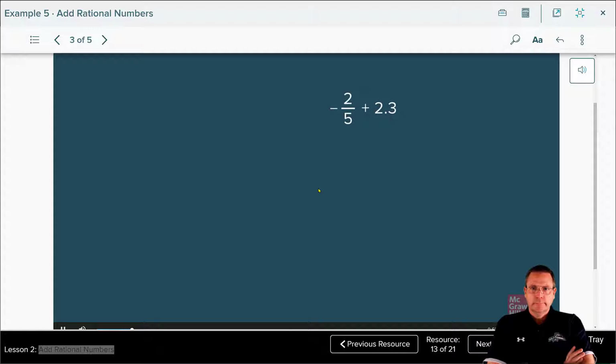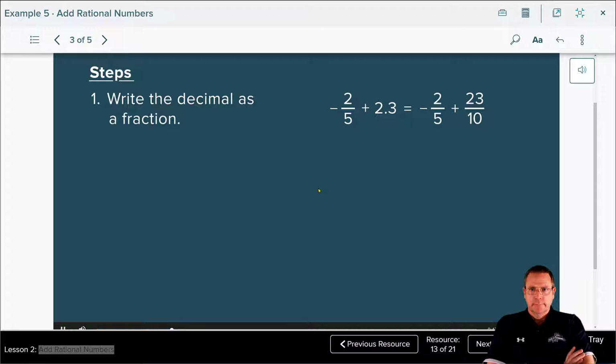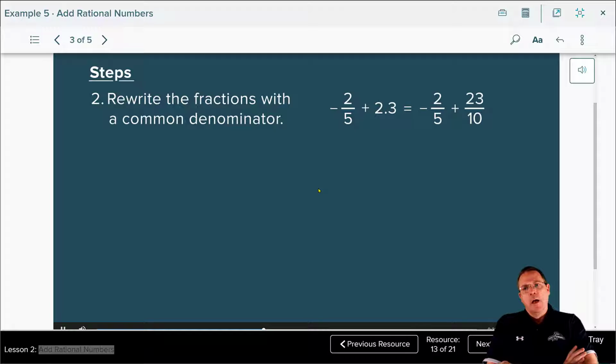To add rational numbers in different forms, begin by writing the numbers in the same form. One way to add a fraction and a decimal is to write the decimal as a fraction. When writing a decimal as a fraction, use the place value of the final digit as the denominator of the fraction. If the fractions have different denominators, rewrite one or both fractions using a common denominator.